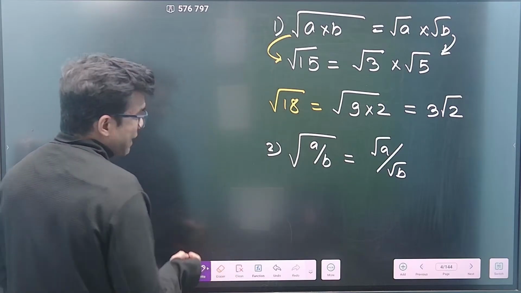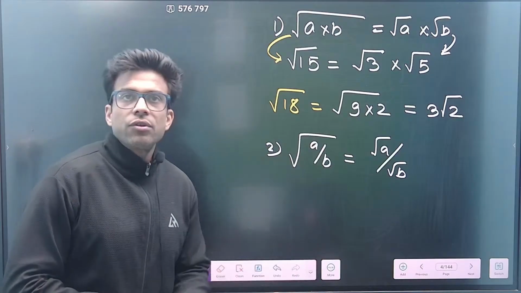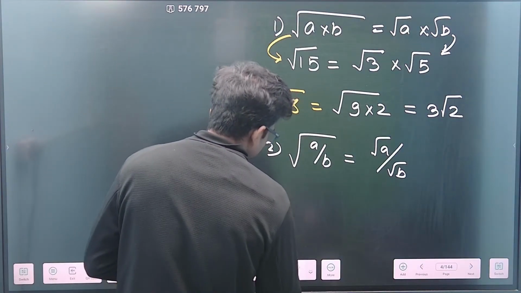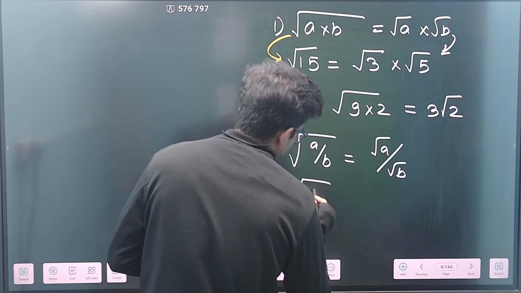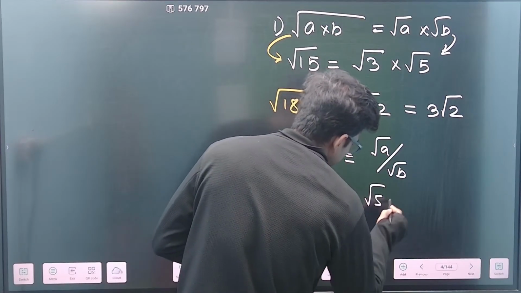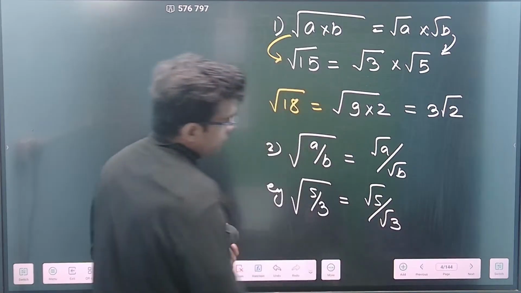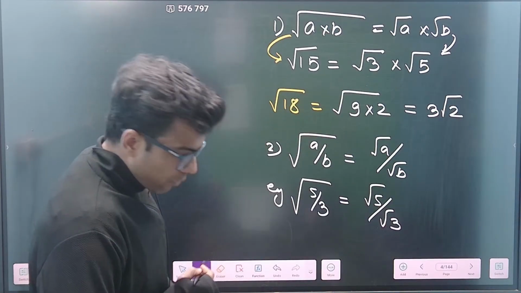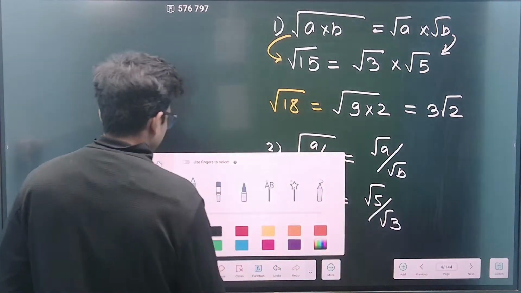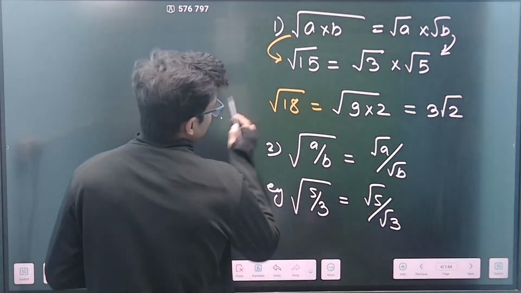These are very basic things, but every one of you should know this. Suppose I write under root of 5 divided by 3, this can be written as root 5 divided by root 3. I hope you all are getting this.